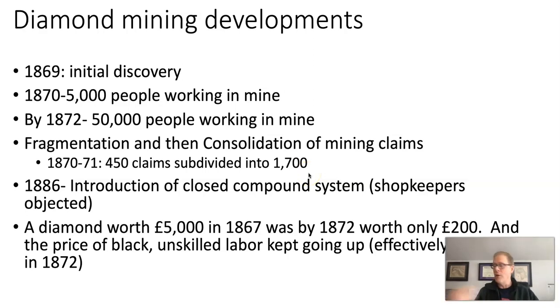So you carve off an area, say 20 by 20, right? And then you're not finding anything, so you subdivide your claim and you sell half of it to somebody else, right? Because you need the money to keep working on your own claim, and then they do the same, and then you're going to end up with claims that are maybe 6 feet, 10 feet across.